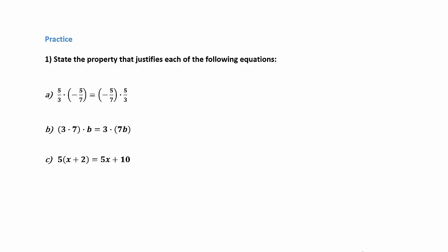And to be more specific, it's the commutative property of multiplication. This next one, 3 times 7 times b, is the same thing as 3 times 7b. That's that associative property.